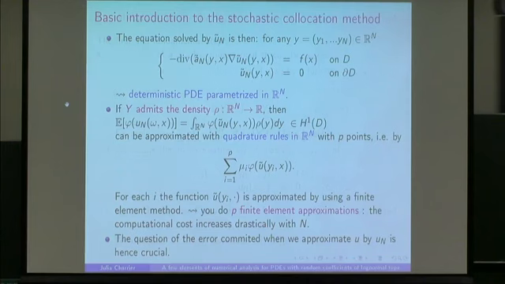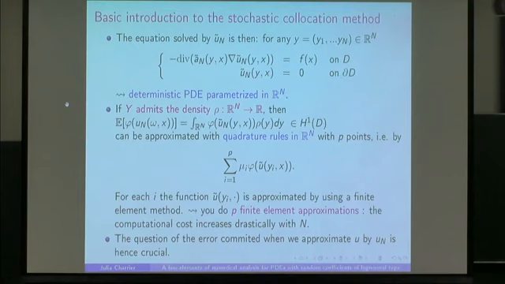And now you can rewrite it as a parameterized PDE problem, with a parameter in R^n, so a parameter in a finite dimensional space of size n. And what you want to do basically is numerical integration on R^n. So you can use a quadrature rule, and you have to combine this with spatial approximation, for example through finite element approximation.